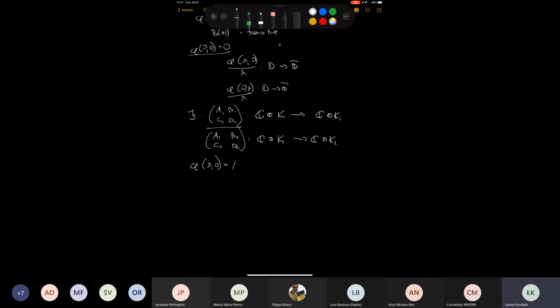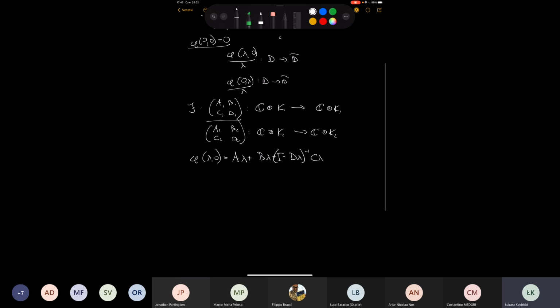This is equal to A lambda plus B lambda times the identity minus D lambda, minus 1, C lambda, A1, and this is equal to A2 lambda plus B2.